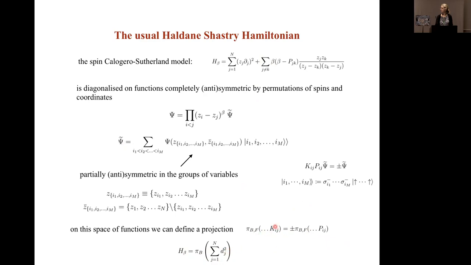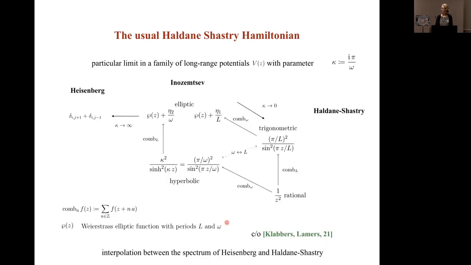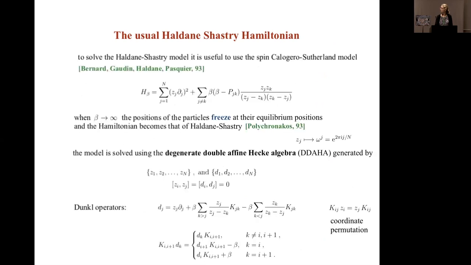You take the square of these operators, you sum them, and then you have some K left, and you replace the K by P, and then you get this model here. So that's a trick which is not very natural, but it's very useful.